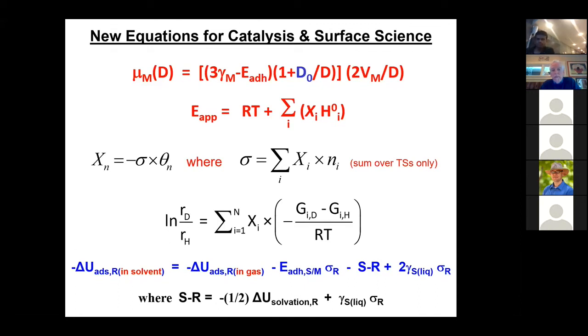When we measure these equilibrium constants versus coverage, coverages versus concentration, and extract equilibrium constants out of that, we do have to allow that enthalpy to change some with coverage to fit the data, but not nearly as much as it changes with coverage in the gas phase. My thinking on the reason for that is because of the hydrophobic effect, and I've only measured it in water.